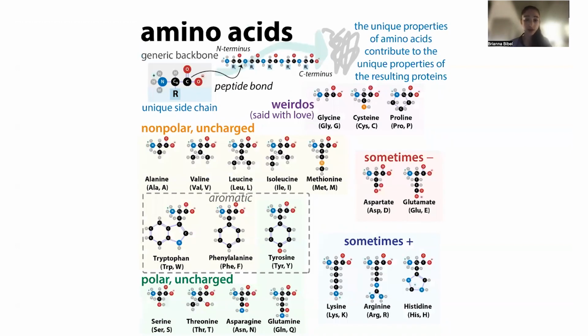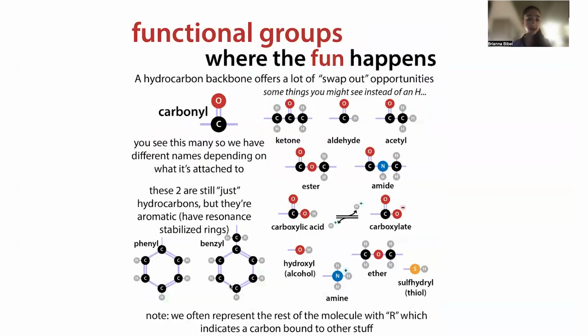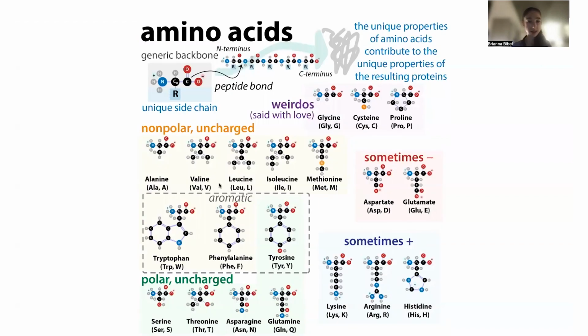So that was charge, but we still have a bunch of other things that are polar but uncharged. And these can still do cool stuff, often by acting as nucleophiles. What makes them have properties different from the nonpolar ones is that they have different functional groups.